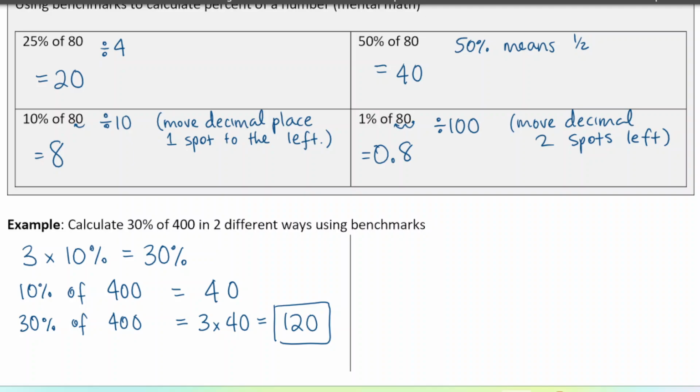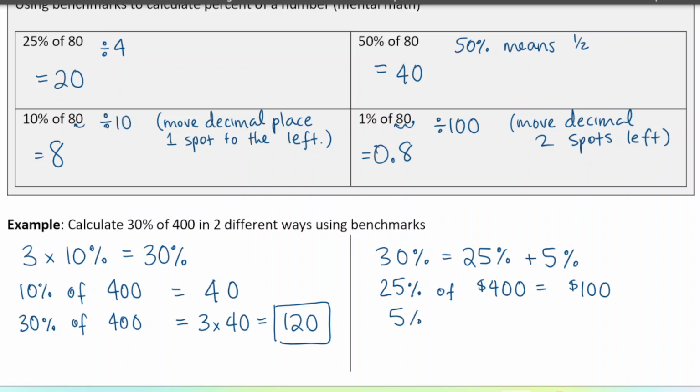All right. Another way to do it, there's more than one way sometimes. You can think of 30% as 25% plus 5%. So 25% of 400, that means we divide it by 4, so it would be 100. And 5% of 400 is half of what 10% is.